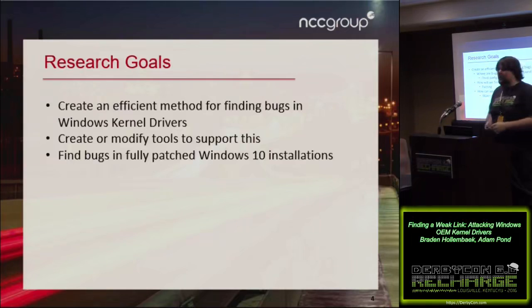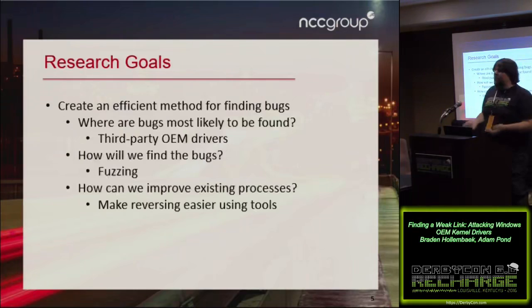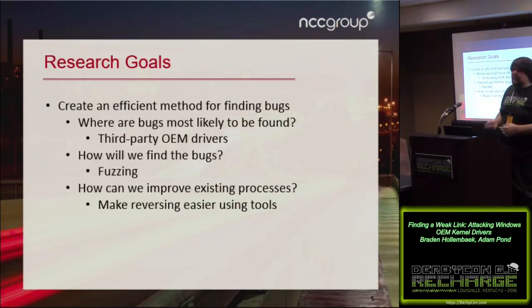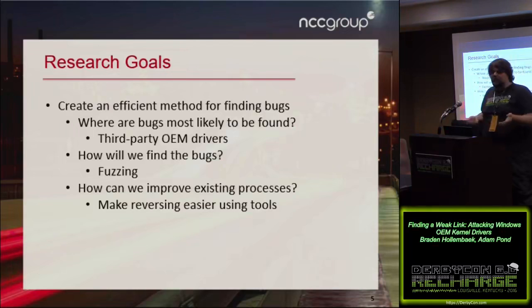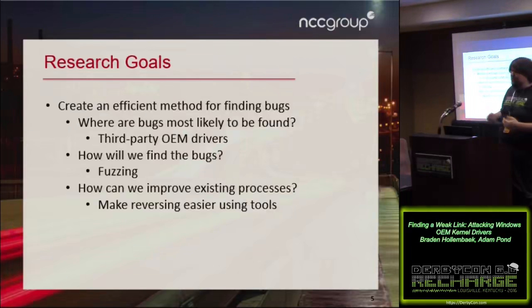So where do you even begin when trying to create that kind of methodology? Well, we basically began by asking ourselves some really simple questions, such as, where are bugs most likely going to be found? Since we're naturally looking at Windows kernel drivers, you might think, well, what about Microsoft drivers? And this is not necessarily the worst thing to think about. They are going to be present and prevalent in any Windows installation, and additionally, they have had issues in the past.